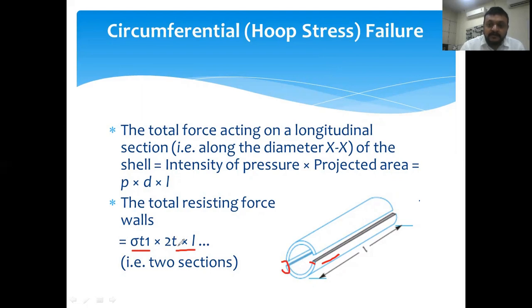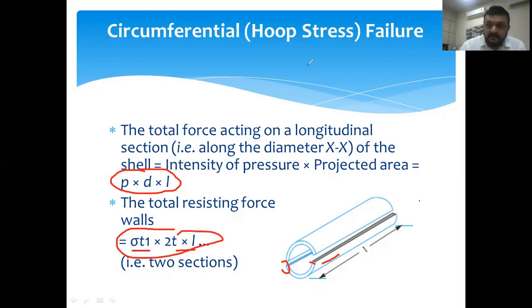Now, to avoid failure, this pressure force should be equal to the resisting force of the material. Otherwise your material may fail. If the pressure force is more, the material may fail, and if the resistance is more, it is a wastage of material.